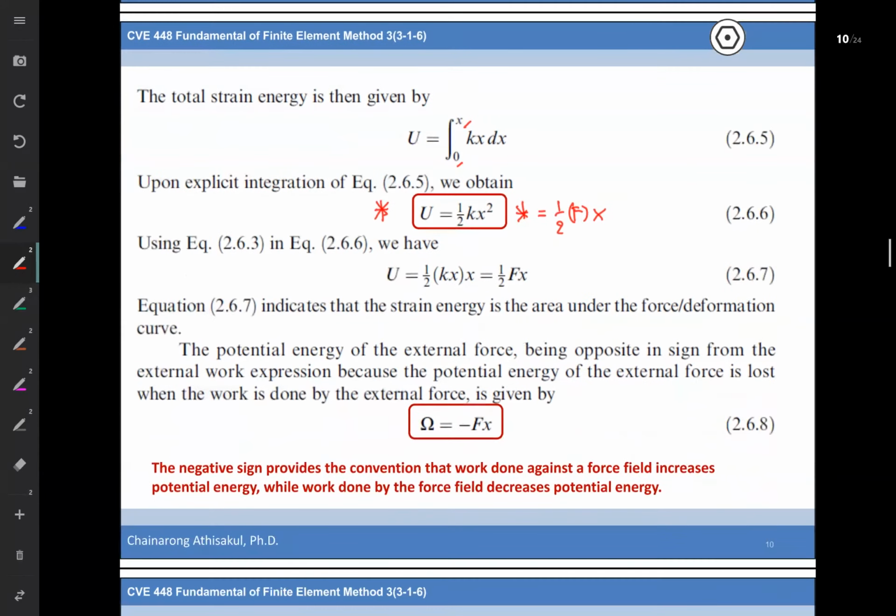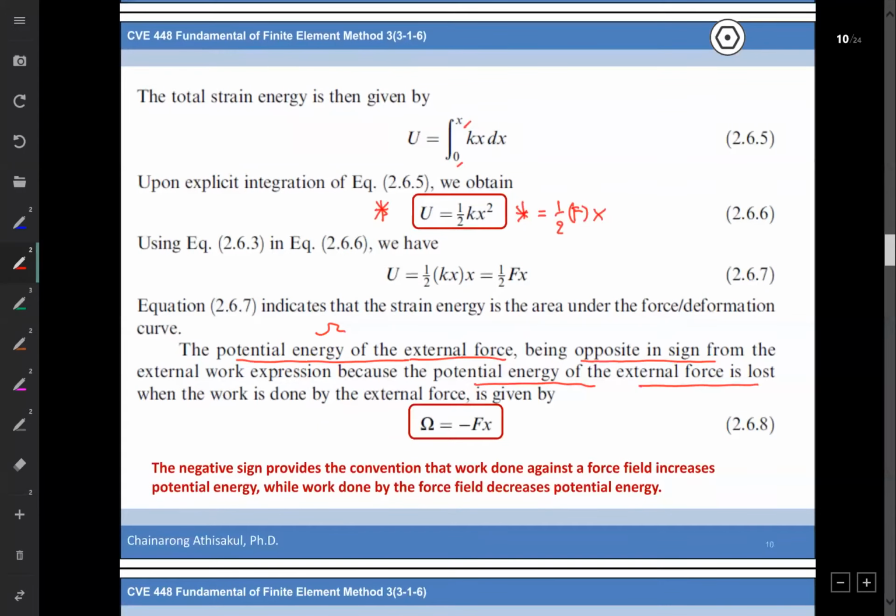Then if we talk about the potential energy of the external force, omega, actually the potential energy of the external force is equal to the opposite sign of the external work done, because the potential energy of the external force is lost when the work is done by the external force.